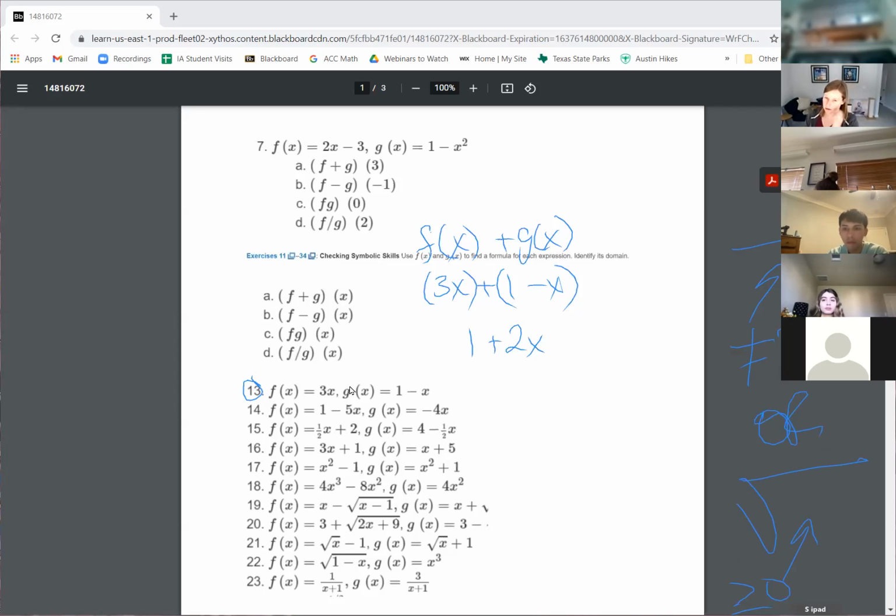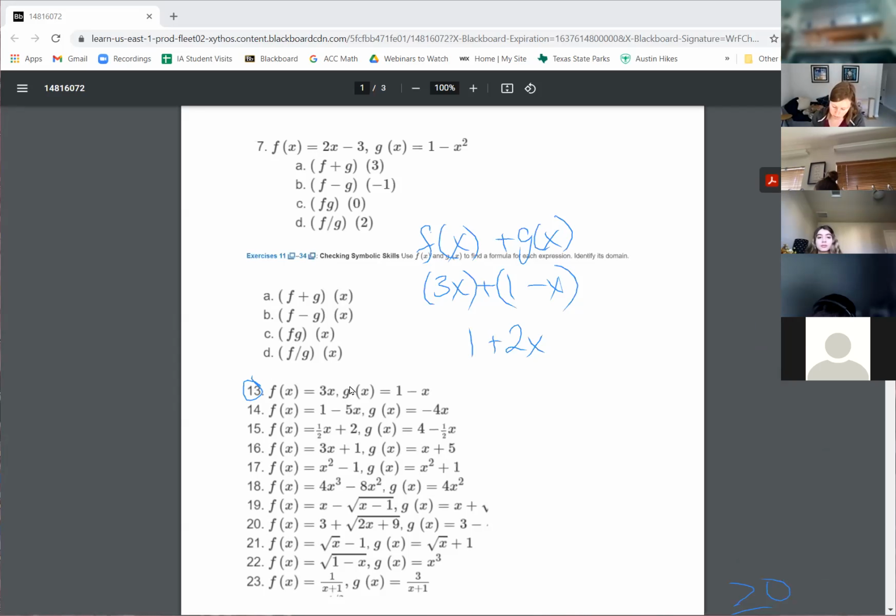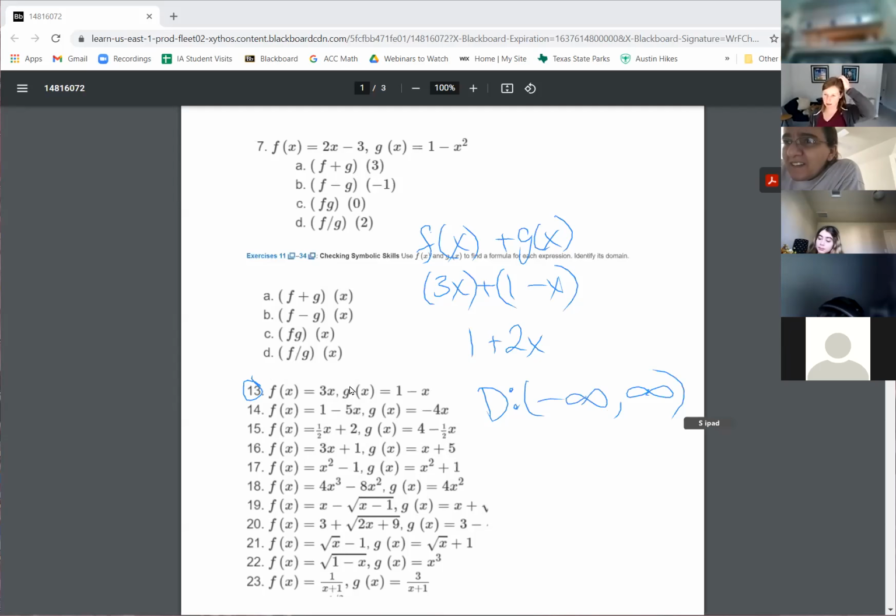So do we have either a fraction or a square root in this problem? No. So the domain is anything. I can plug in any x. There's no restriction on this one. So how do we write anything for domain? Negative infinity to infinity. Yeah, that's anything, right? X can be anything.